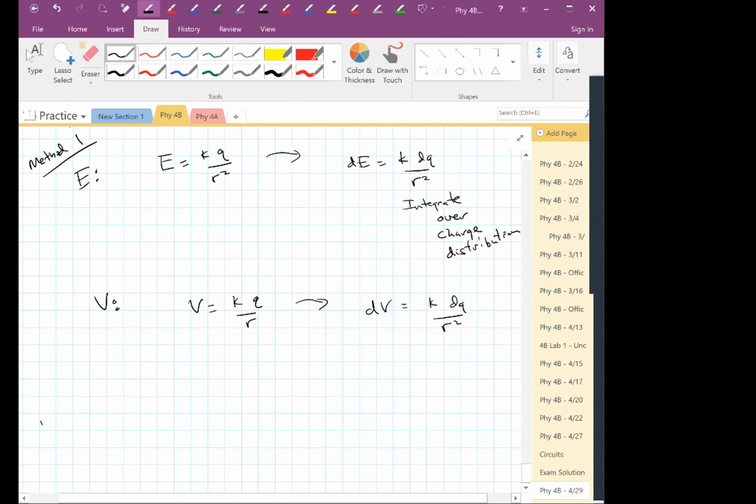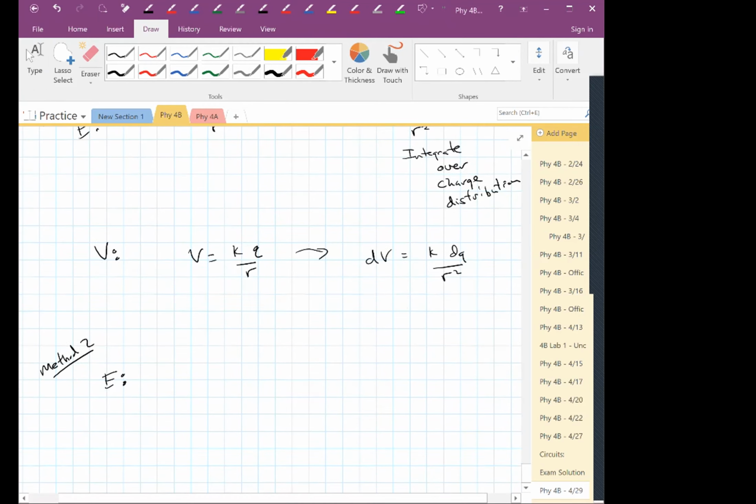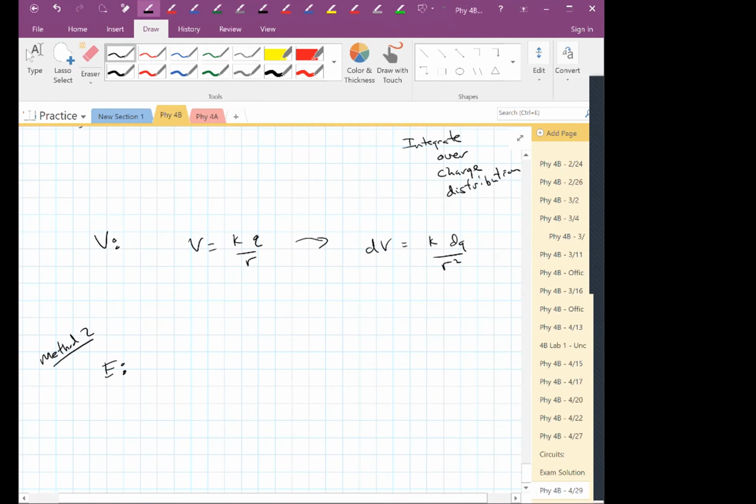And then what did we do? We said for certain symmetries, right? Spherical, cylindrical, infinite sheets, we used Gauss's law.